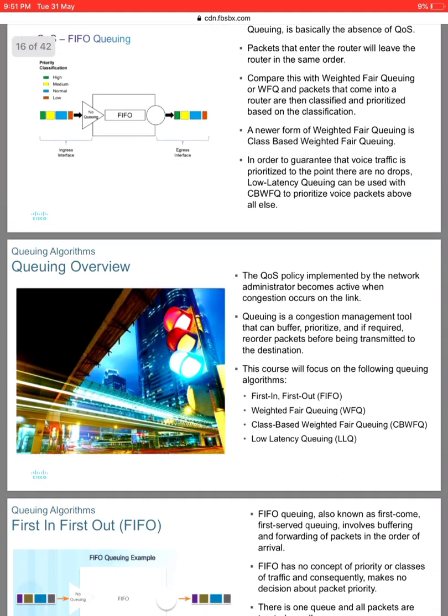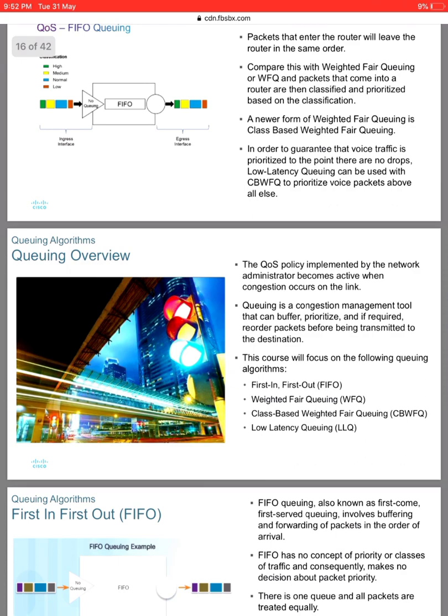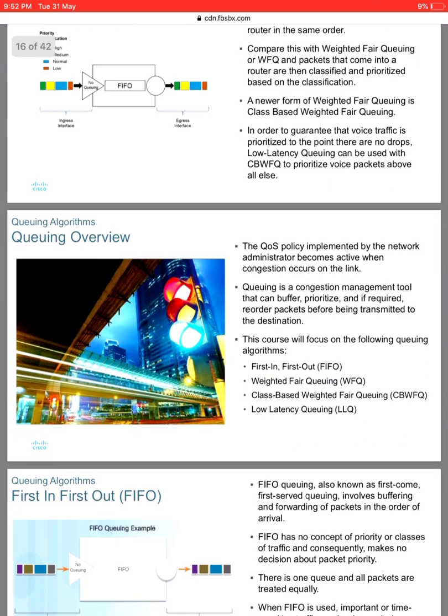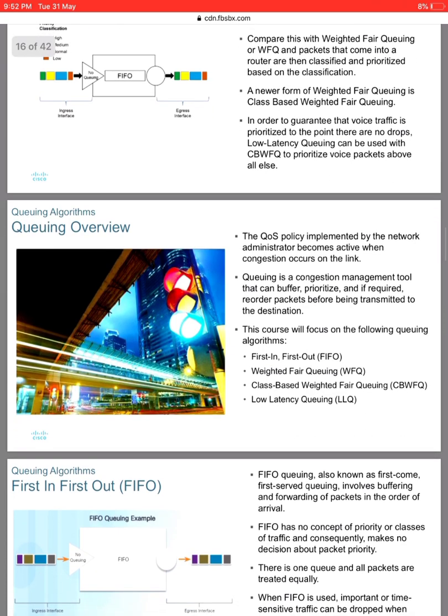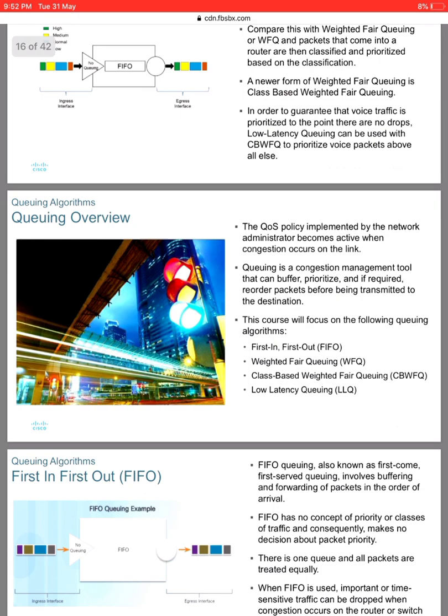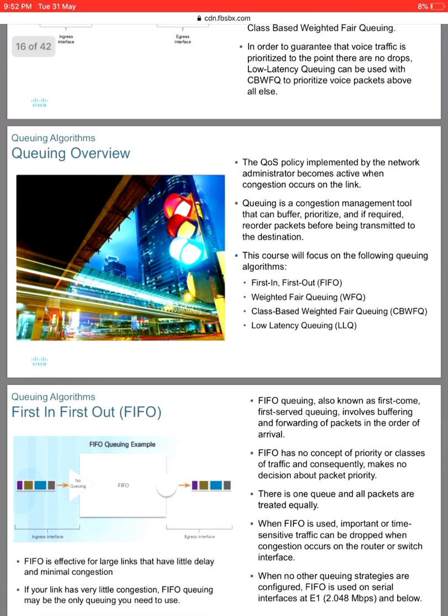A newer form of weighted fair queuing is class-based weighted fair queuing. In order to guarantee that voice traffic is prioritized to the point there are no drops, low latency queuing can be used with CBWFQ to prioritize voice packets above all else.